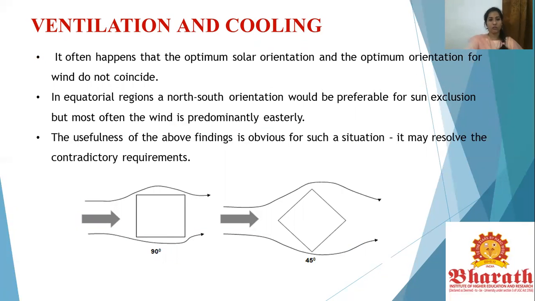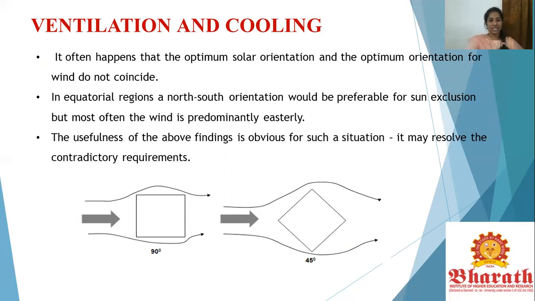It often happens that the optimal solar orientation and the optimal orientation for the wind do not coincide. These two are very tough to figure out. In equatorial regions, a north-south orientation is preferred for sun exclusion, but most often the wind is predominantly easterly.